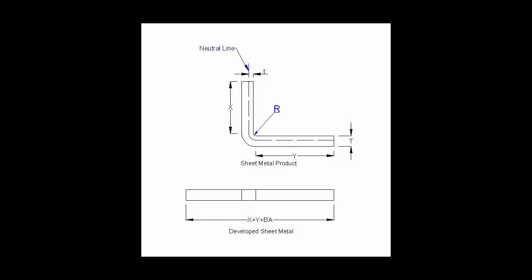There are some unique things about sheet metal parts which make them somewhat special. They will have a uniform thickness. Also, sheet metal parts typically start out as flat and then punched and formed into shape.